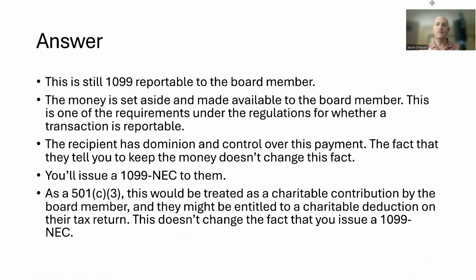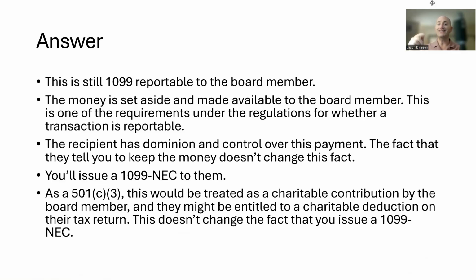And that is one of the requirements under Section 6041 and the regulations under Section 6041 for when a transaction becomes reportable: the money is set aside and made available for the recipient's use. And so your recipient, the board member, has dominion and control over this payment. It is theirs.